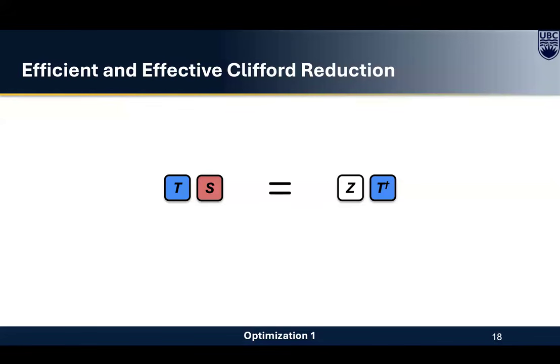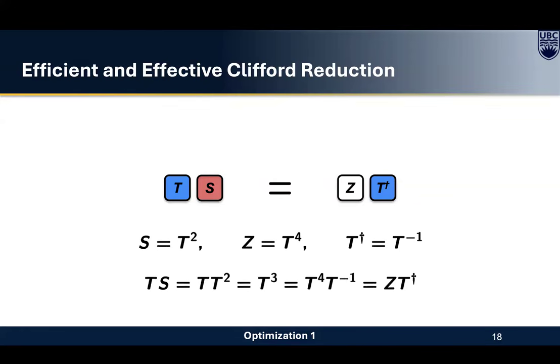There are a couple of ways to prove this, but I think the most straightforward way is that all of those three types of gates are Z basis rotations. So we can represent the S gate as two T gates, so T squared. The Z gate is four T gates, so T to the fourth. The T dagger is just T to the minus one, the inverse.